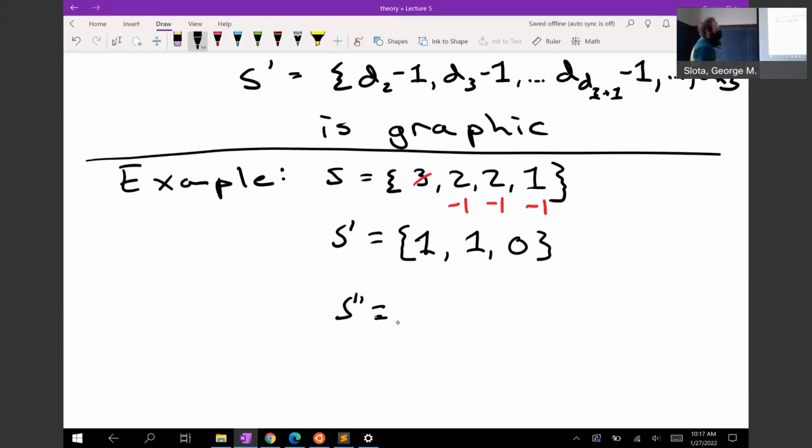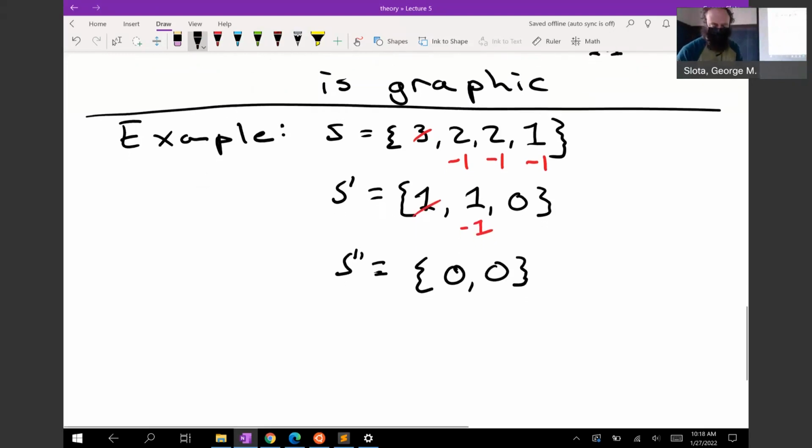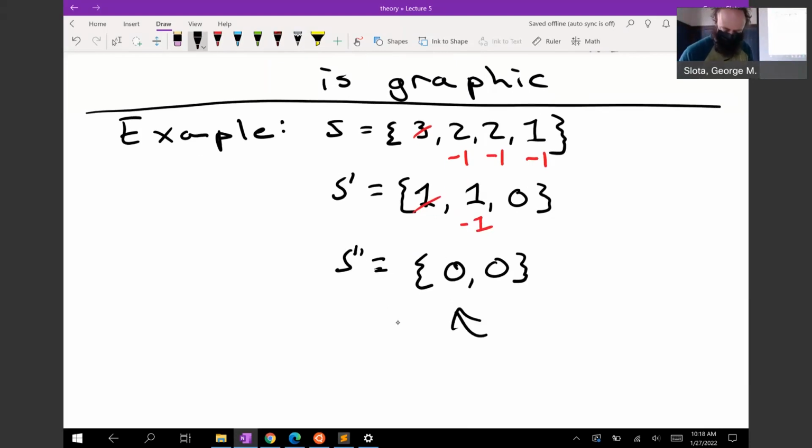Or we end up with one that is obviously not graphic. To finish up this example, our S double prime would be 0, 0, which is graphic. So because S double prime is graphic, S prime is graphic. Because S prime is graphic, S is graphic.